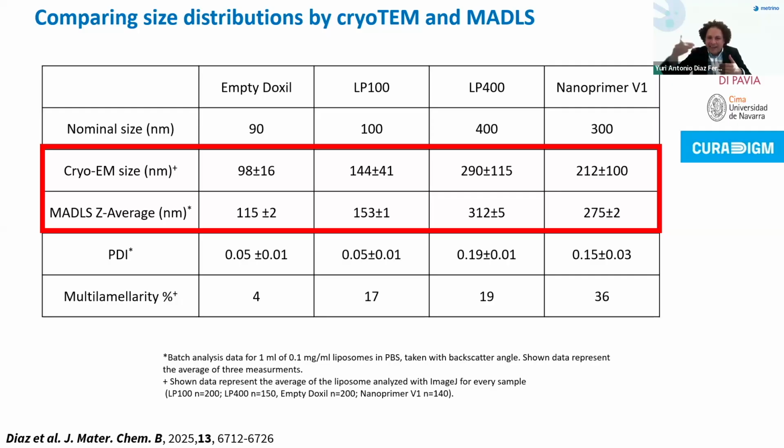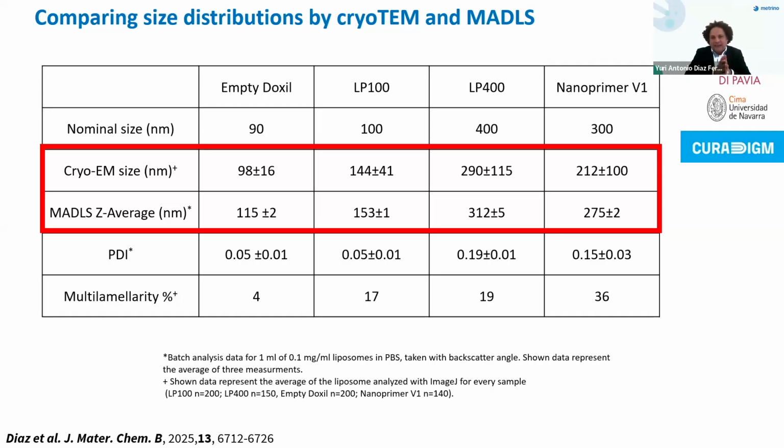Interestingly, the bias in this determination is too high to be explained simply by the hydration layer around the liposomes, especially because in the hydrated state, we do not expect the liposome to collapse, so they will have exactly the same size that they had in solution before. There is another thing to take into account: cryo-EM imaging is generally reported as a number-based average, while dynamic light scattering is an intensity-based measurement.